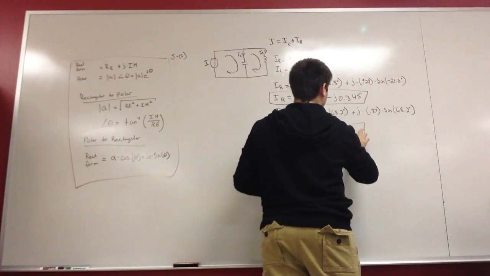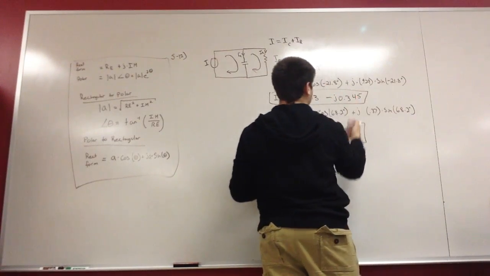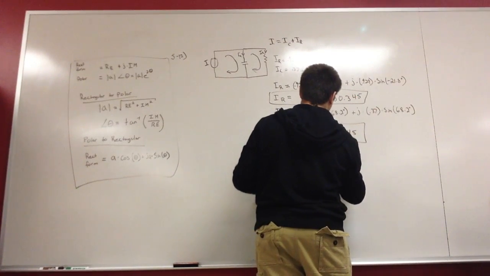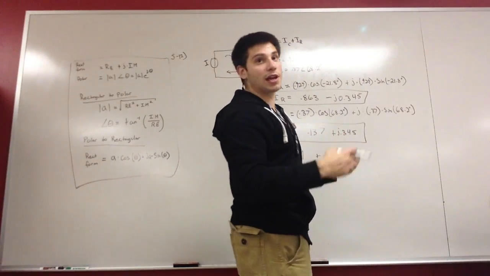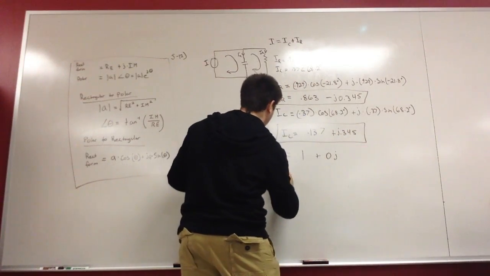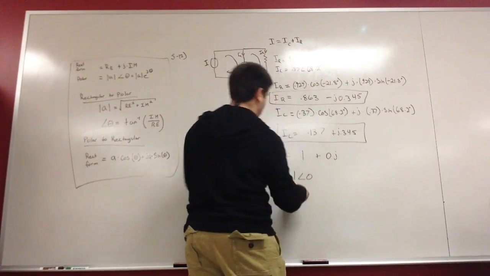Because of rounding, this is 0.345, so these two terms will cancel, giving us 0j again. With a 0 imaginary component, we know it has an angle of 0, so I is equal to 1 at an angle of 0.